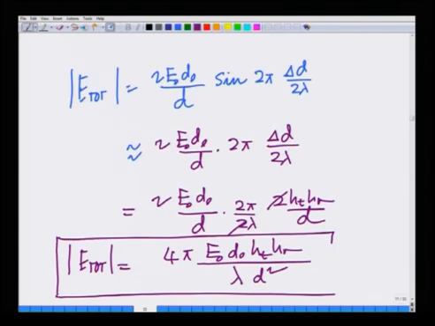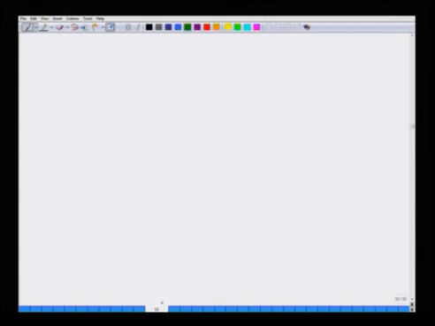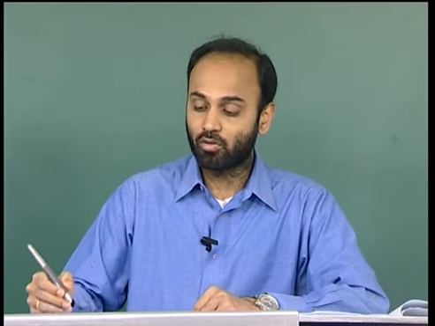Magnitude or received signal strength, the most important idea here is that the magnitude of the received signal strength is proportional to 1 over d squared, which implies the power that is received. Since the signal strength is proportional to 1 over d squared, the power naturally is proportional to 1 over d to the power of 4, since the power is proportional to the square of the signal strength.